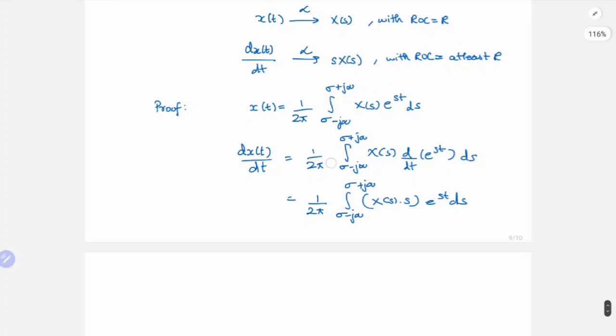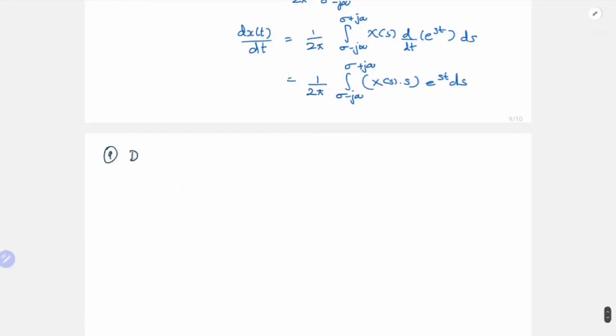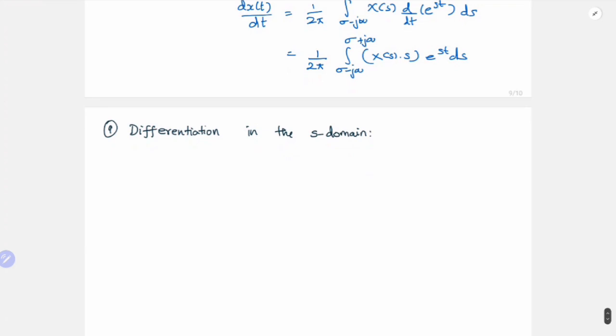So now let us see differentiation in the s domain. All of this we saw in the Fourier transform also. We just have to correlate and learn. And here we need to take care of the region of convergence. So if x(t) has Laplace transform X(s) with ROC equal to R, then dX(s)/ds corresponds to minus t x(t).